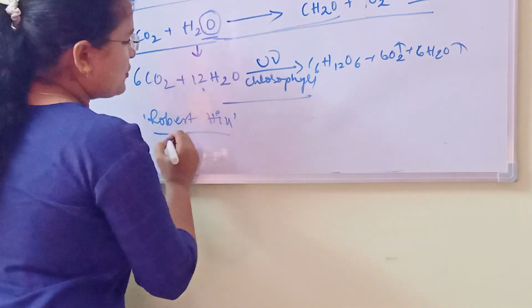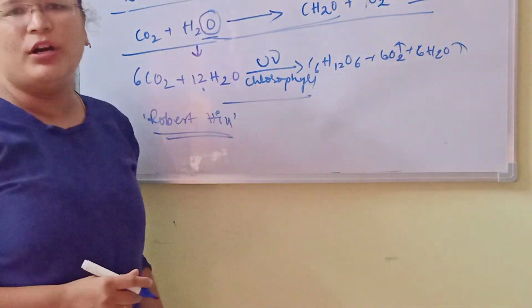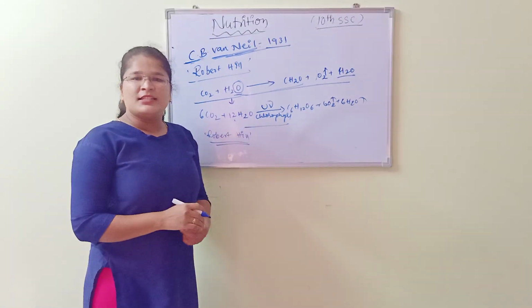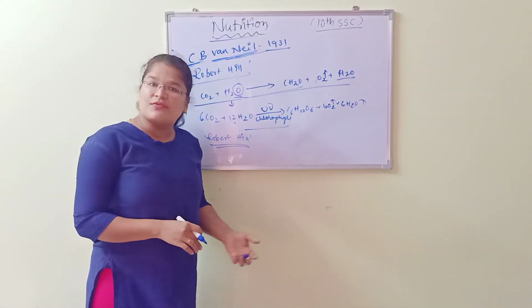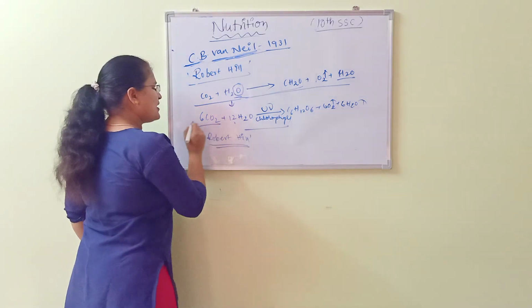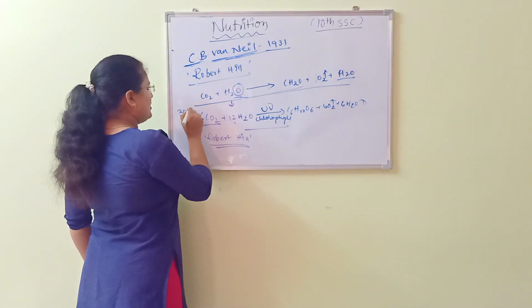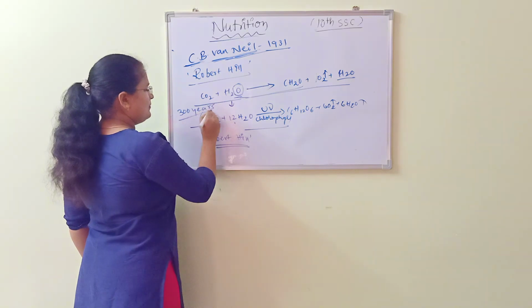But for this, many different scientists have worked, like Van Niel and many other kinds of scientists, to give this equation. 300 years they suffered.